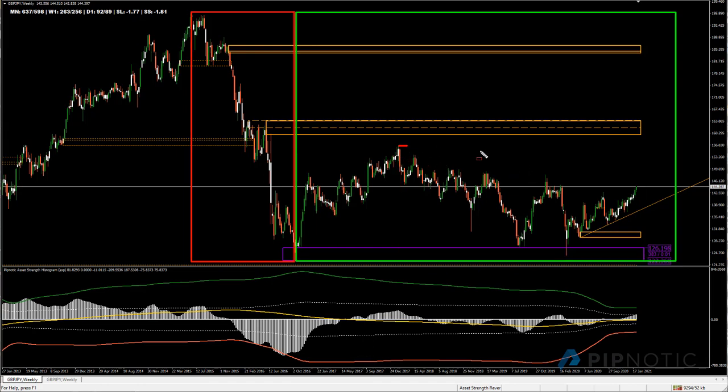So here we have the sell side on this move, the origin of this move down to here, and the buy side is from here to here. Okay, and so selling at supply over here, buying at demand over here. And if you look at this, you can see pretty clearly what's going on.